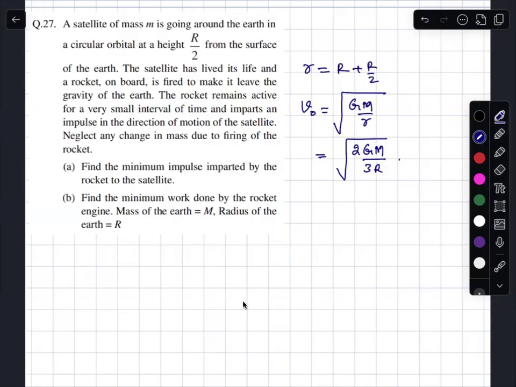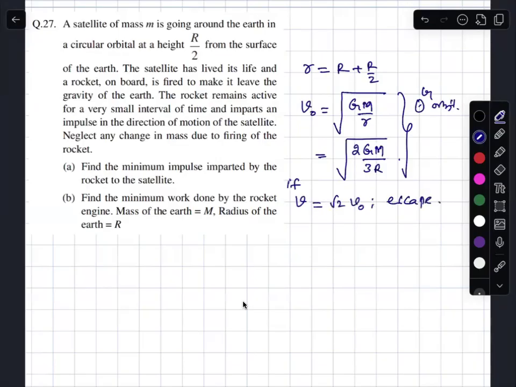It revolves in a circular orbit. Right. Now you want to escape. So all of a sudden, how much velocity is required? Yesterday I have given that. Root 2 times the orbital velocity.